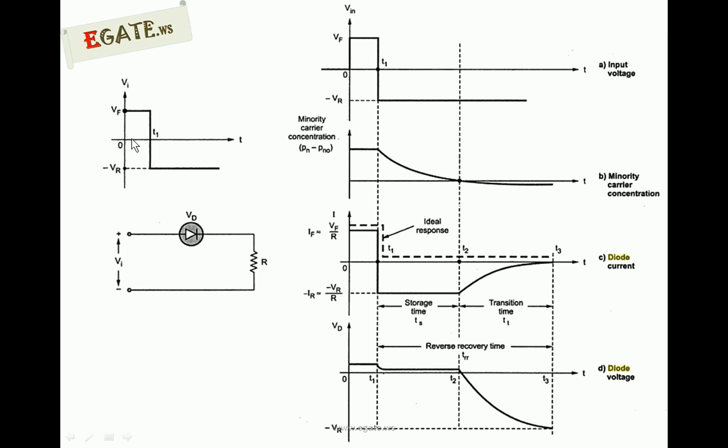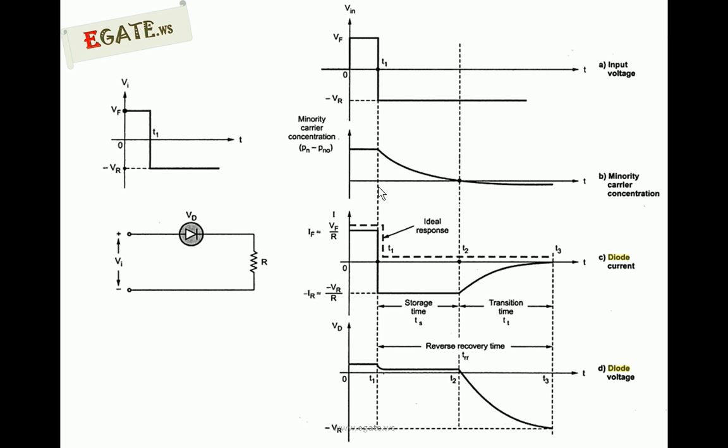If the input voltage suddenly changes towards minus Vr at t equal to T1, that is this line, the first step is that it should remove the excess minority carrier charge, but it requires some time.